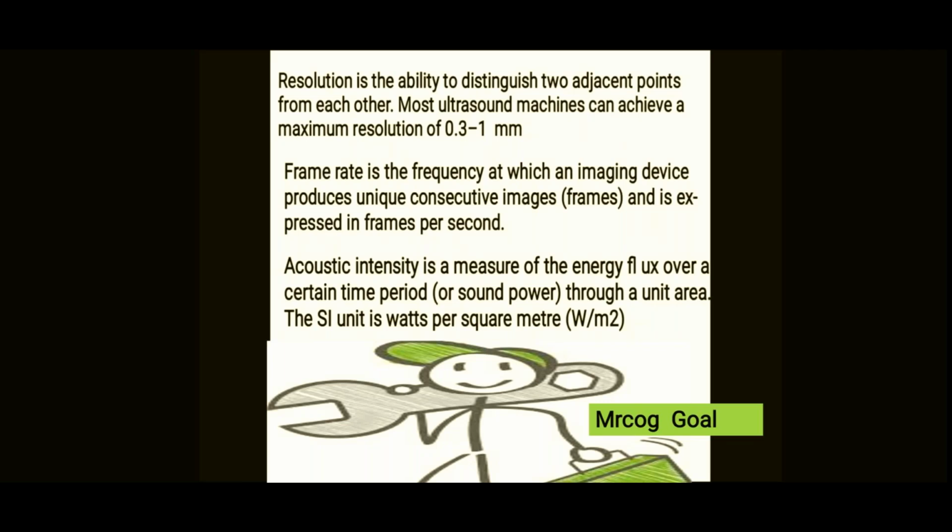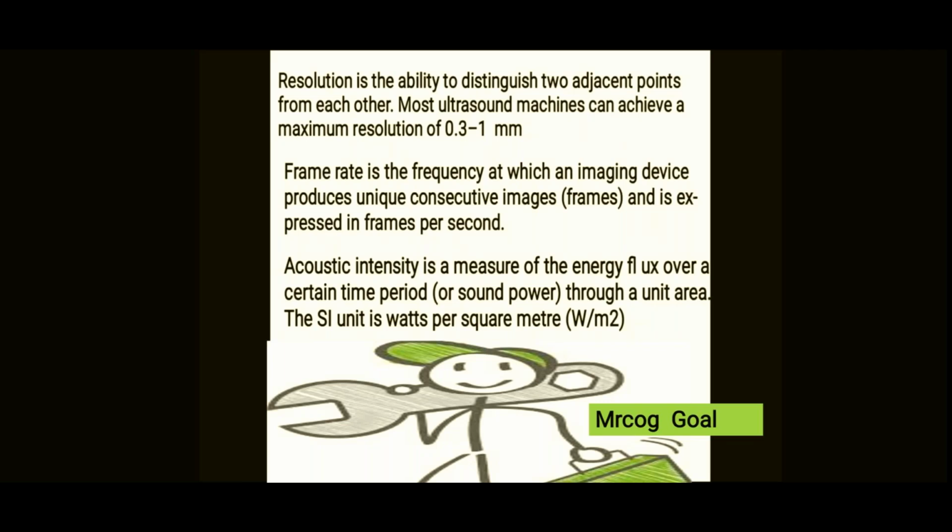Frame rate is the frequency at which the imaging device produces unique consecutive images, that means frames, and is expressed in frames per second. Okay. Acoustic intensity is a measure of energy flux over a certain time period through a unit area. So the SI unit is watts per square meter.